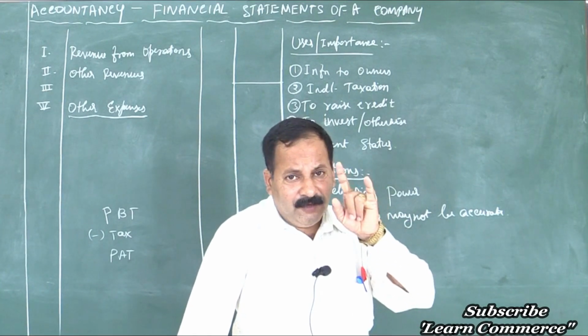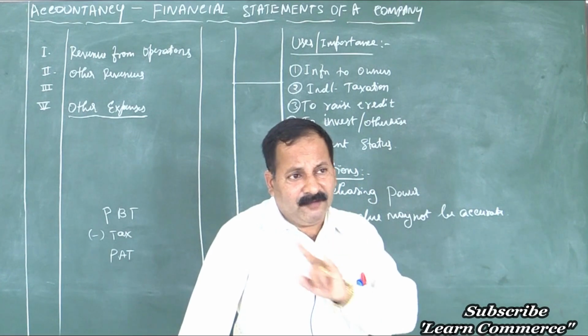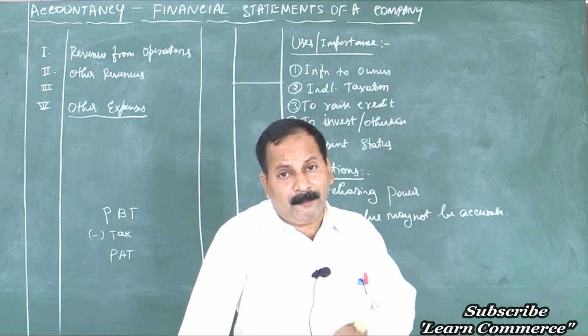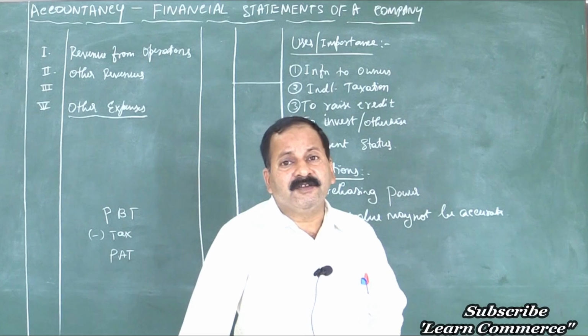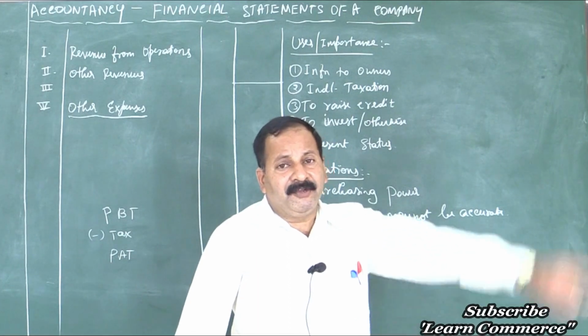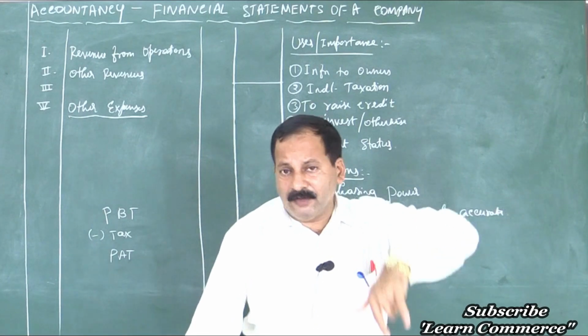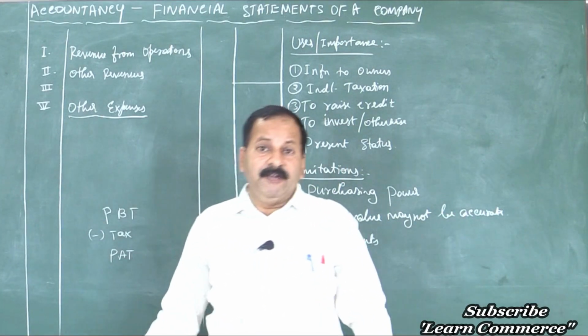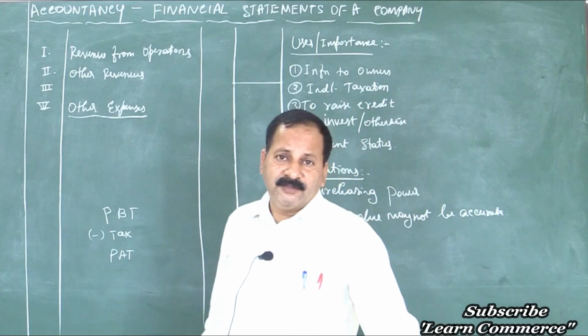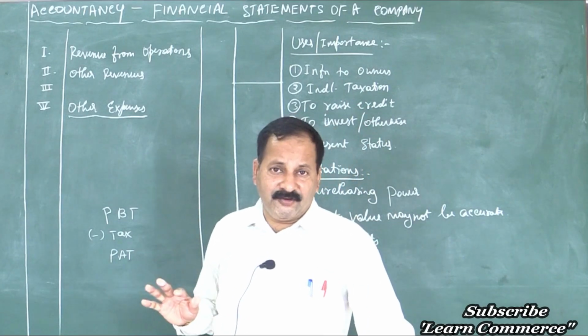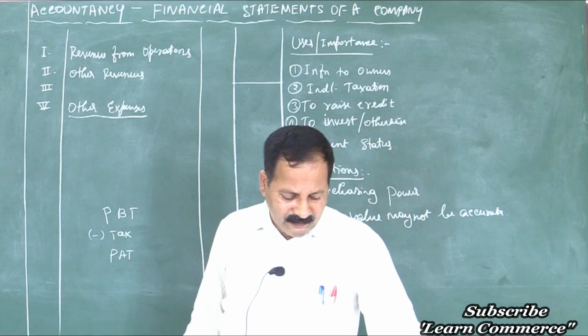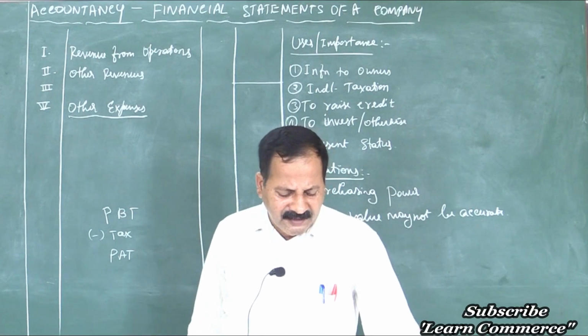If the capacity of the machine will not increase even after repair, then it is called minor repair, and should be debited to the statement of profit and loss. Here we have to show it as other expenses. It should not be capitalized, remember. It should not be shown in the balance sheet. Clear? Yes. Then tax 30% is given.